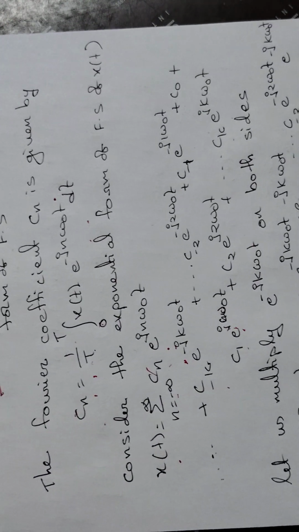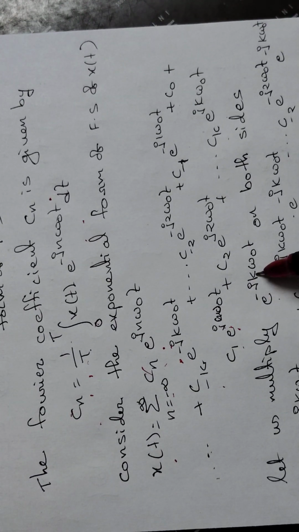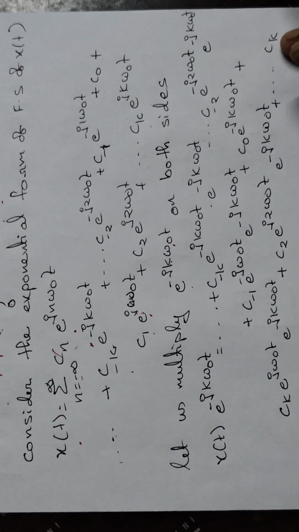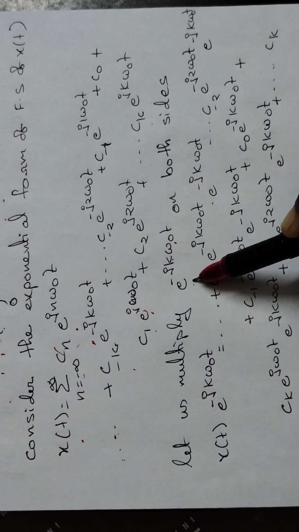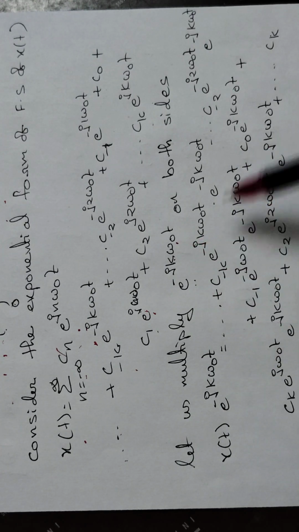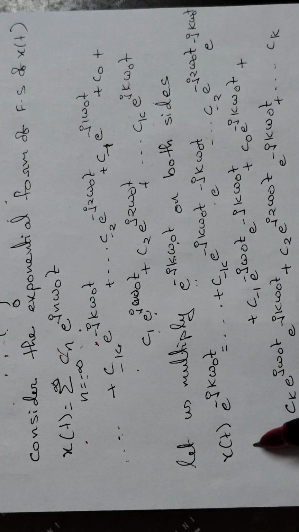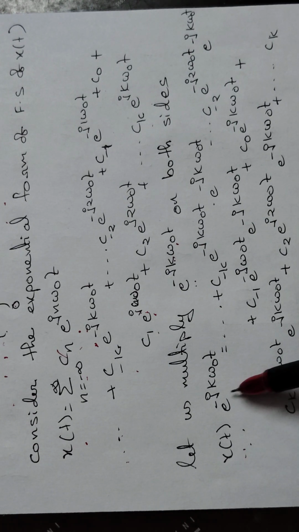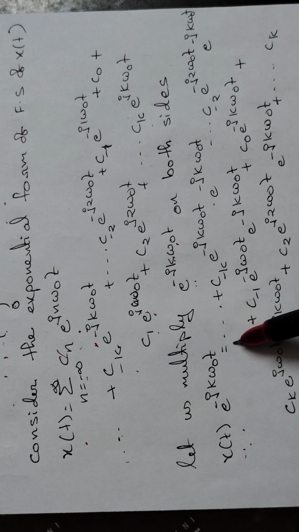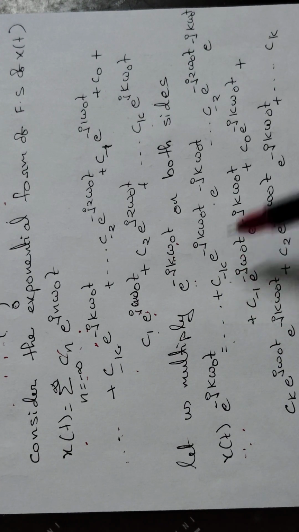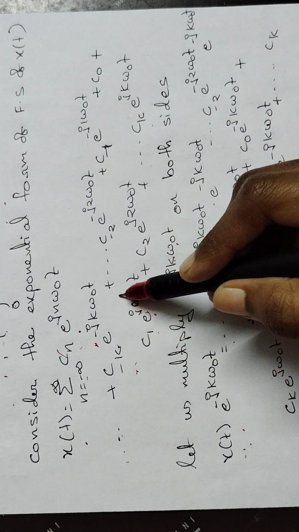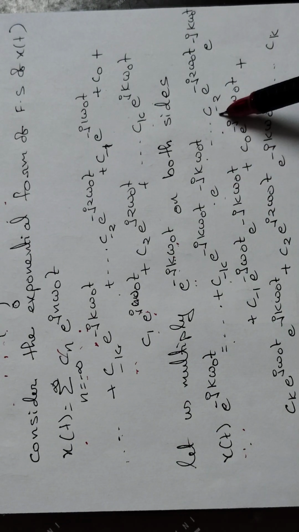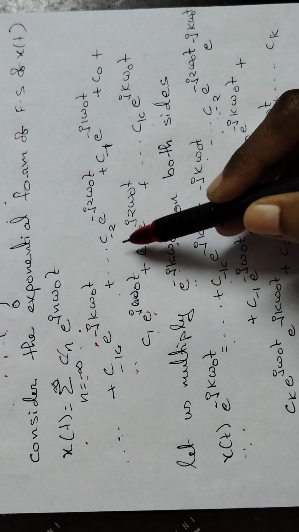Let us multiply e^(-jk ω0 t) on both sides. You have to multiply on both sides. On the left hand side, you multiply x(t) with e^(-jk ω0 t), equal to and so on, plus multiply each term with e^(-jk ω0 t) and so on.